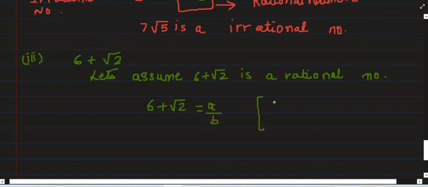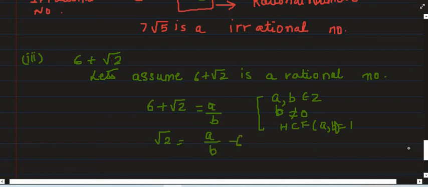Again, a and b belong to integers, b is not equal to 0, and HCF of a and b is 1. So now we can say that square root of 2 is equal to a by b minus 6.